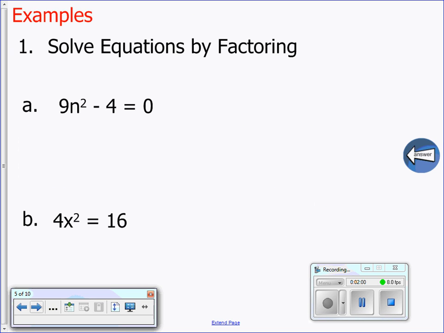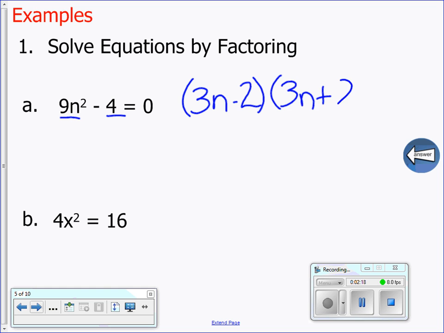All right, so for example, we have 9n squared minus 4. This is a perfect square and this is a perfect square with subtraction in between, so that factors to 3n minus 2 and 3n plus 2. Those both have to be set to 0.